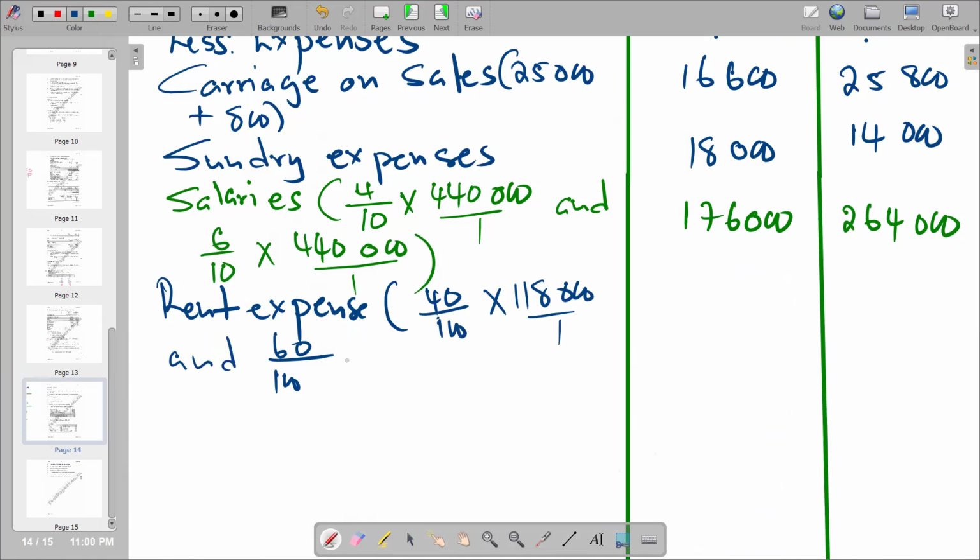And then here 60 over 100 times 118,000. So for the first one, 40 over 100 times 118,000, you get 47,200. For the second one, 60 over 100 times 118,000, you get 70,800. So basically, this is what we have in that part. I will move on to the next one.